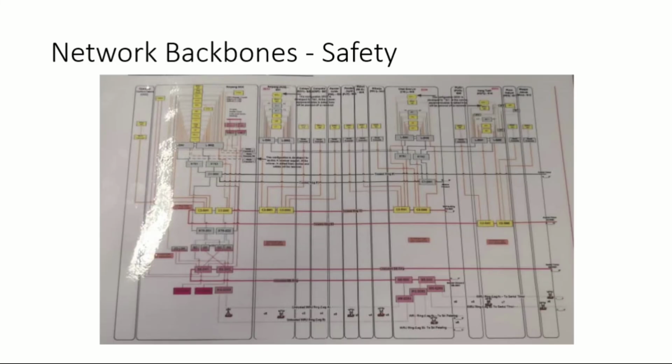Other than human and environment safety, we also need to look into the network or data security, which is the safety of the whole signaling system. If you look at this figure or diagram, it is basically a network of, I think, the Kelana Jaya or Ampang Line network. This is just an example.